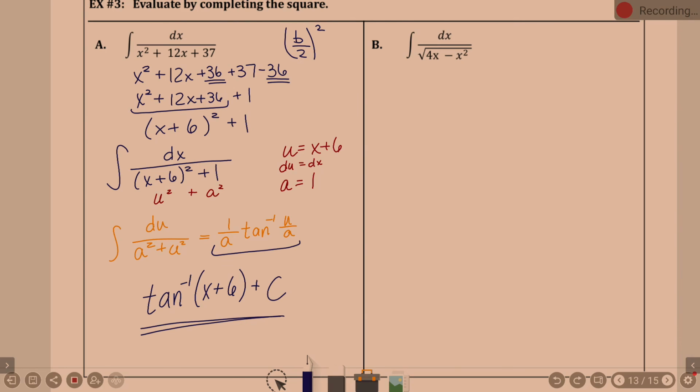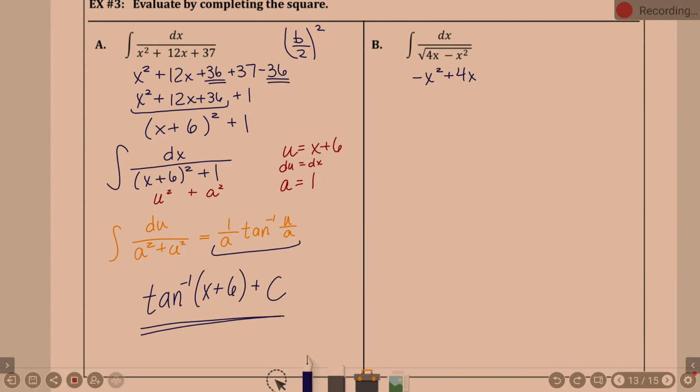As we look at B, if you try to use substitution, it's not going to get me very far. Because if I try u is 4x minus x squared, I'm going to have a 4 minus 2x as my derivative. There's no 4 minus 2x here. So we're looking at completing the square again.